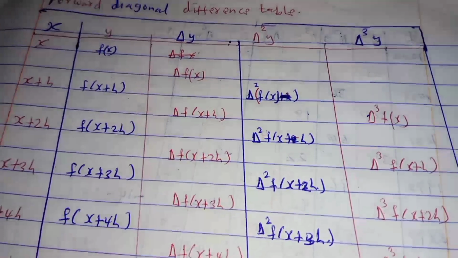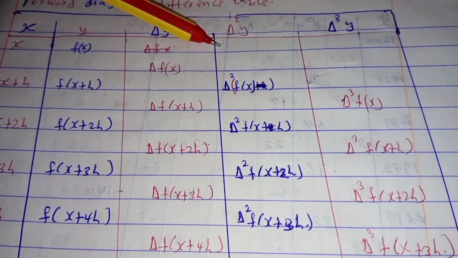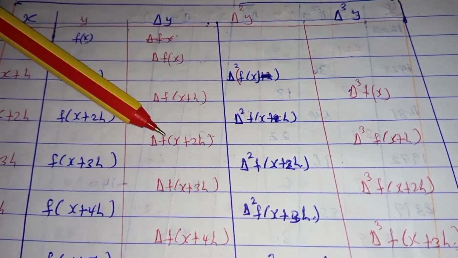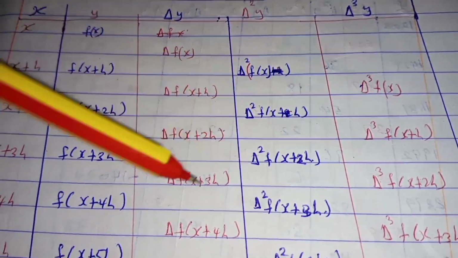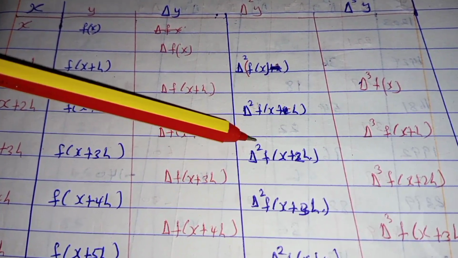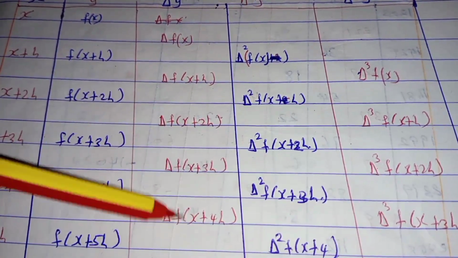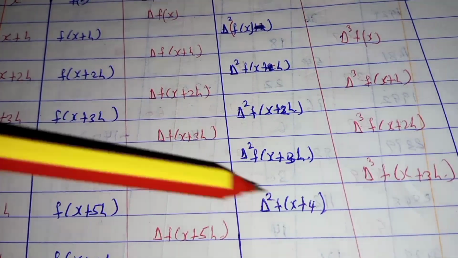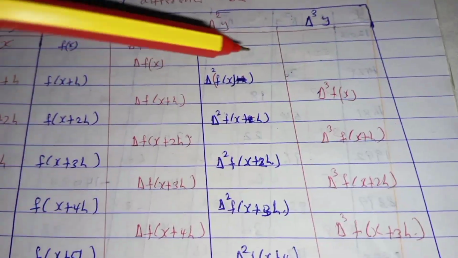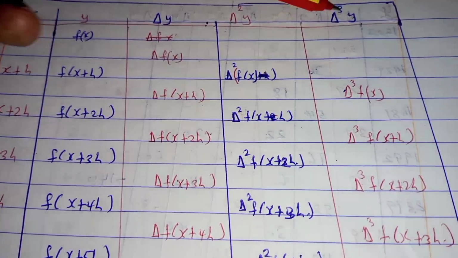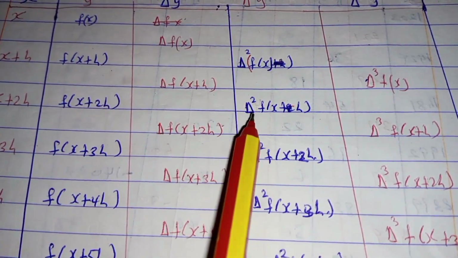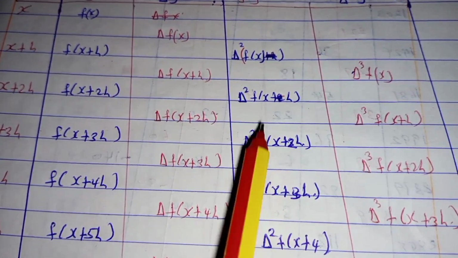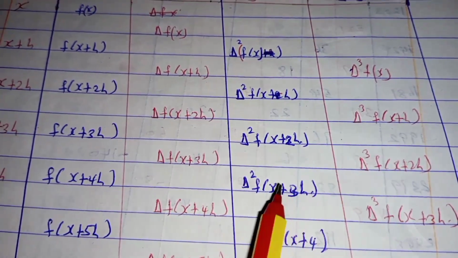The second difference is obtained by subtracting this from this one, this from this to obtain this, and this from this to obtain this other part, and this from this to obtain this other one. Then the third forward difference is obtained by subtracting this from this, to obtain this other one, and this from this.